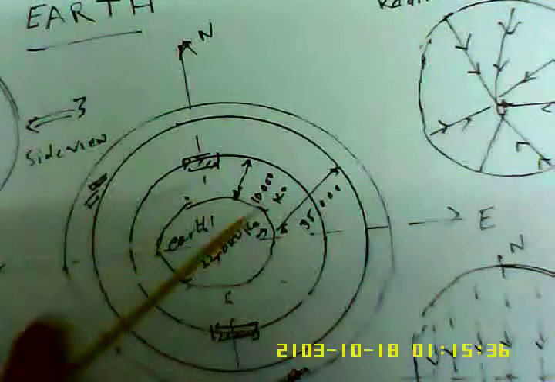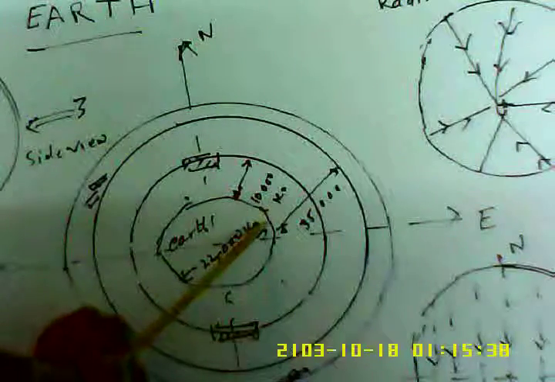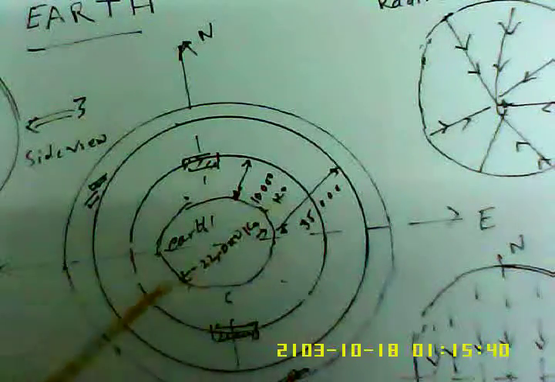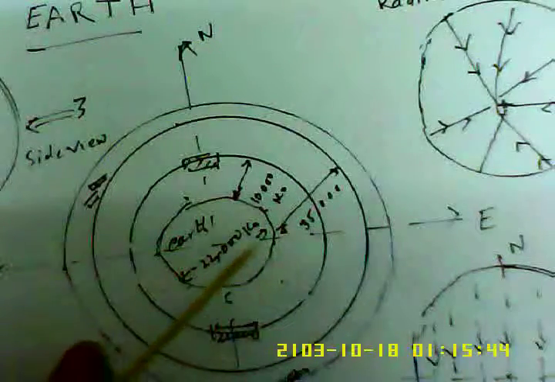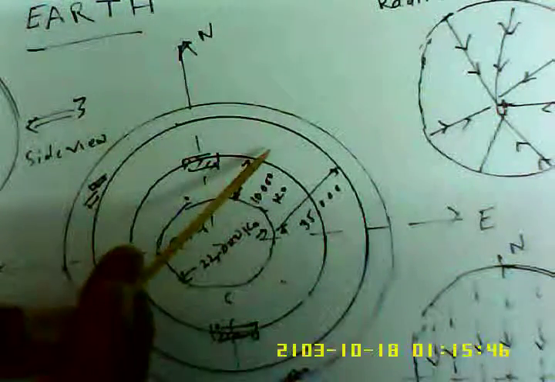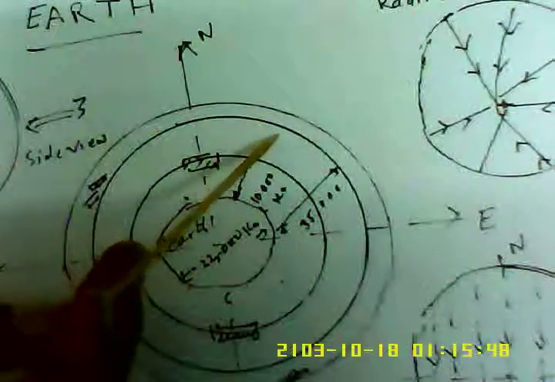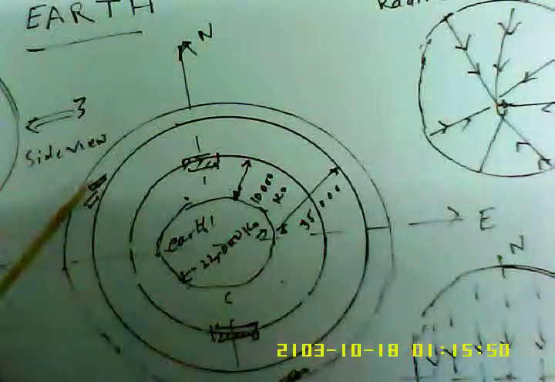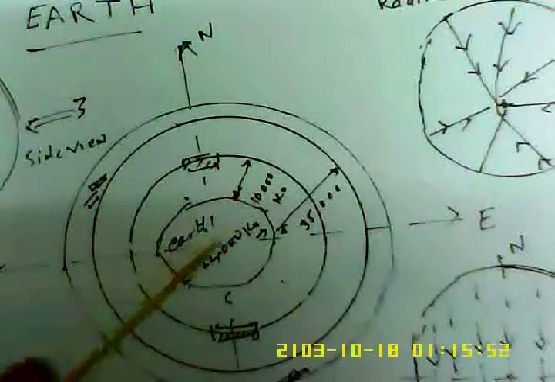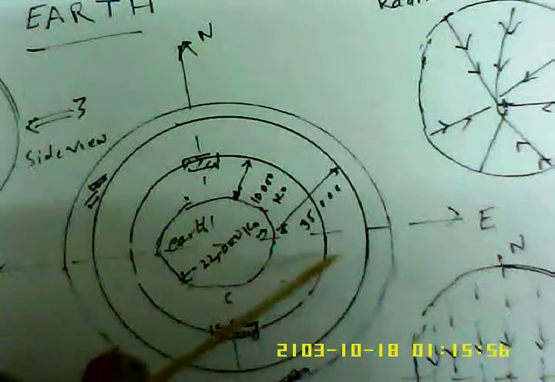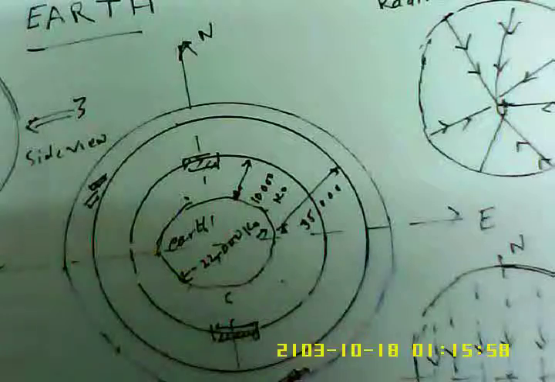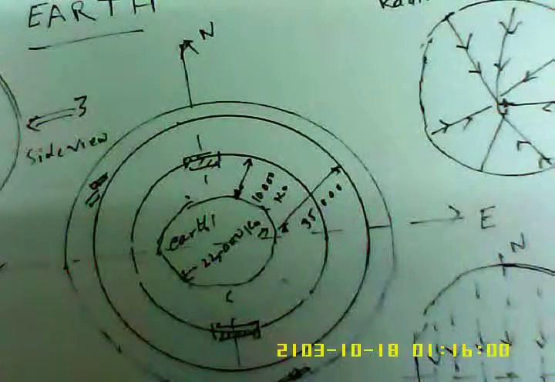So whenever you put any satellite here, it will move around the Earth. But in other areas, the outer orbit satellites are moving at the same speed as the Earth is moving. So how is the Earth moving, how do these forces work?